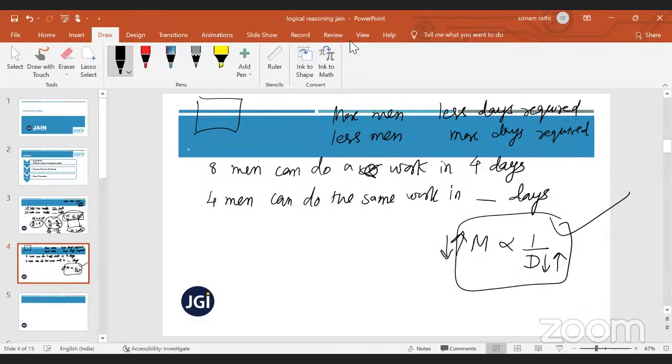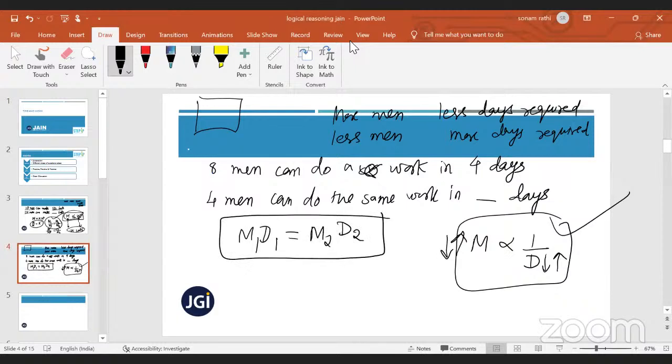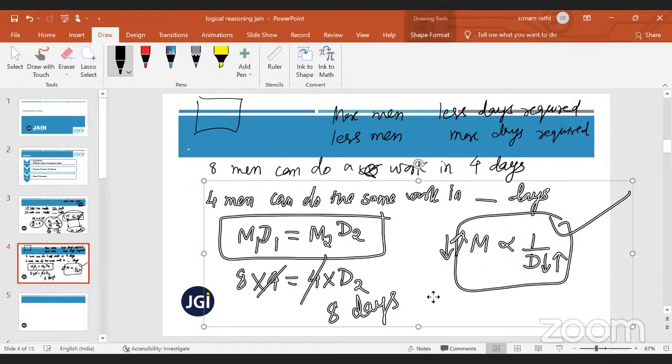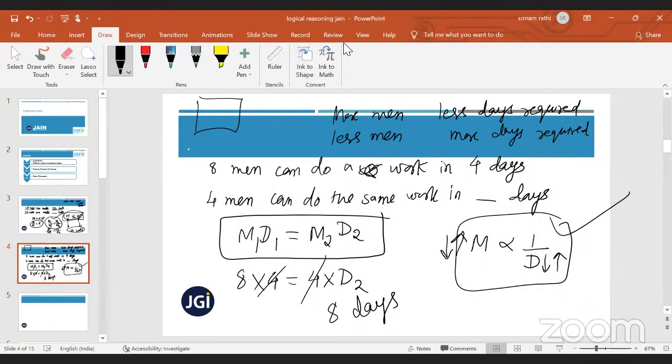Now, if I want to write it in formula, M1 D1 is equals to M2 D2. This is my formula. Now put everything in the formula. 8 into 4 is equals to 4 into D2. So the answer is 8 days. Got it? Everyone got the formula? Did you understand the formula? The formula is simple: M1 D1 is equals to M2 D2.